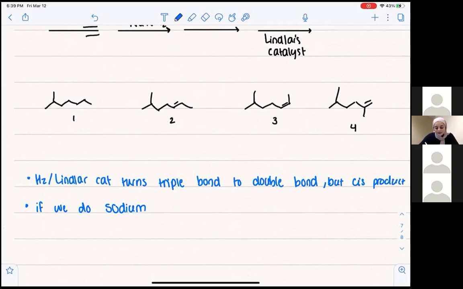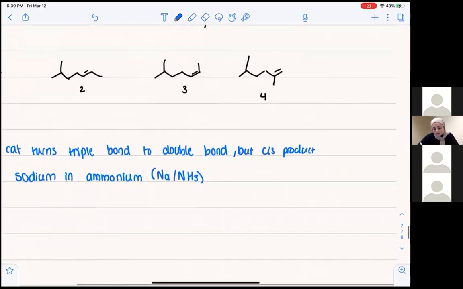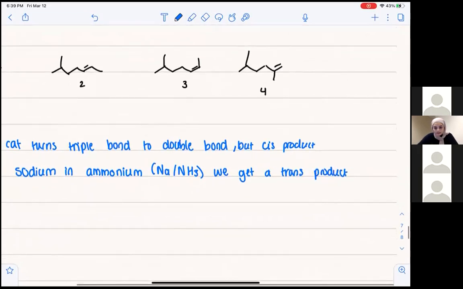But if we do sodium in ammonia, like Na, NH3, then we would get a trans product. Something like this, or a trans product, something like in 2.